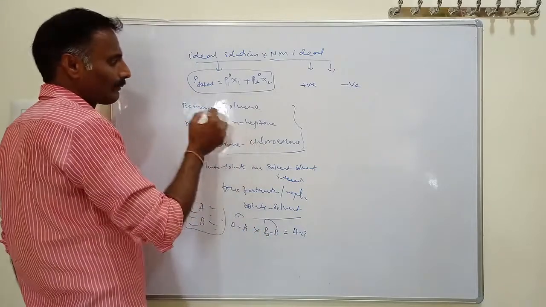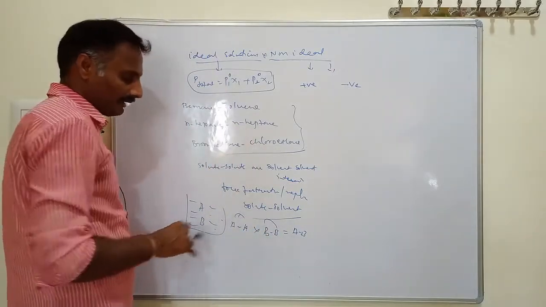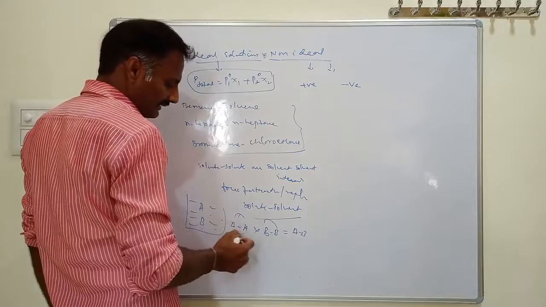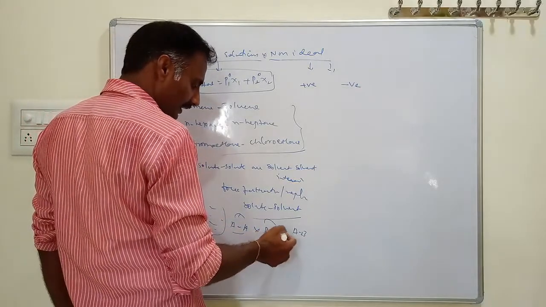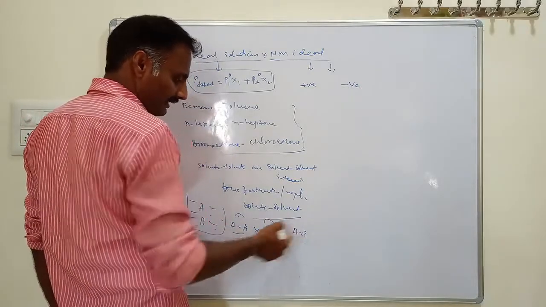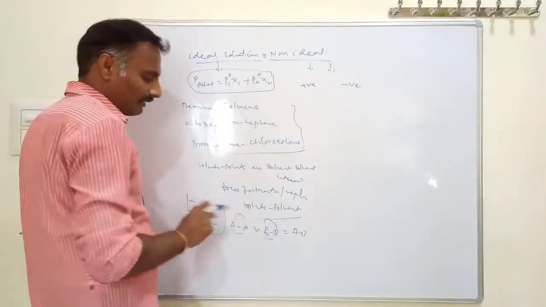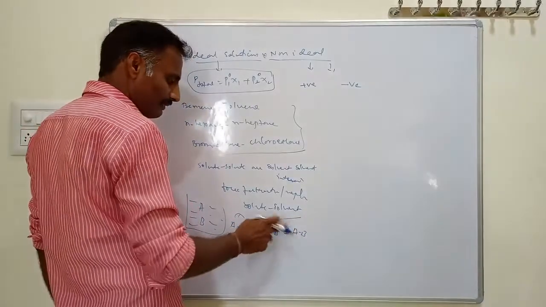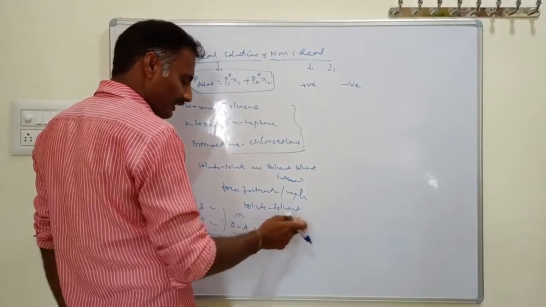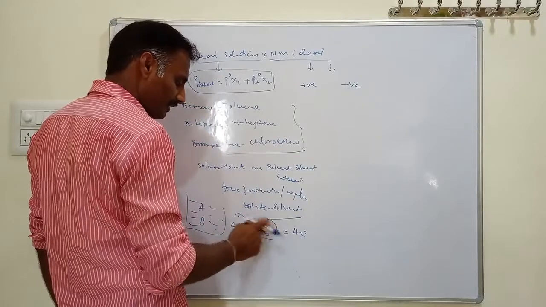Those are called ideal solutions. In ideal solutions, AA and BB interactions are the same as AB interactions, that is, solute-solvent interaction is the same as solvent-solvent and solute-solute.